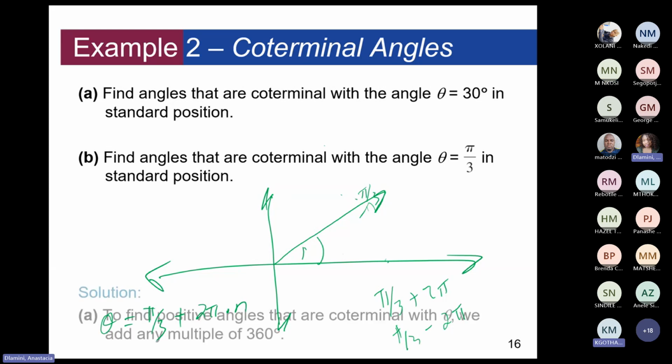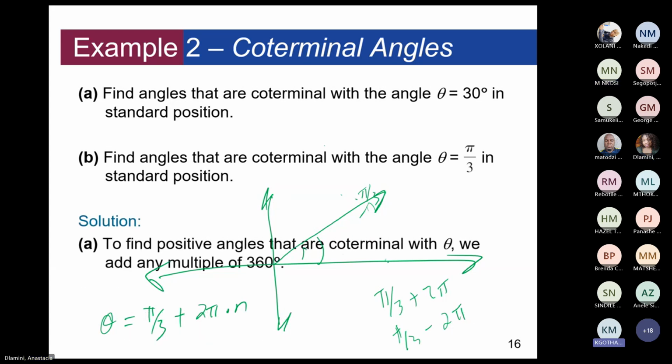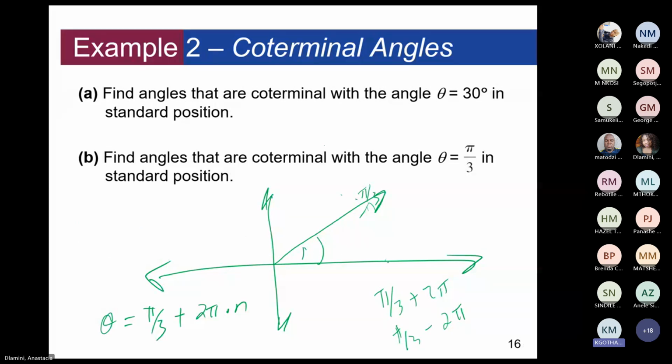Okay? So, ma'am, quick question. In this case you gave the answer in radians. Can I do the answer in degrees and then convert it to radians afterwards? You can. Because this is just pi over 3, that's 60 degrees.